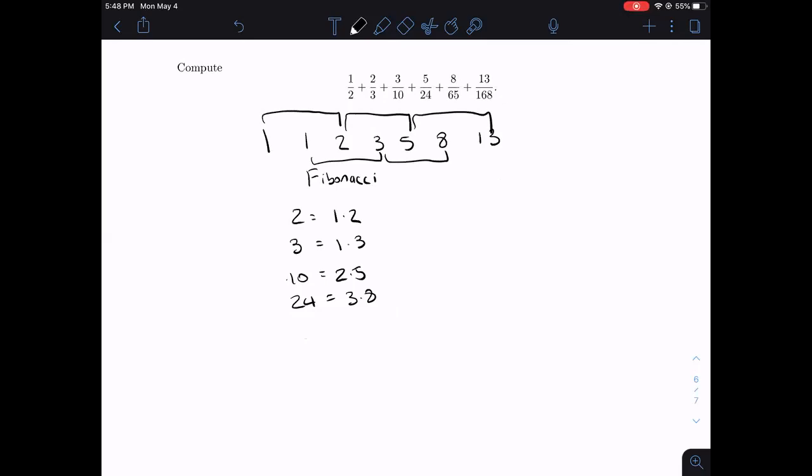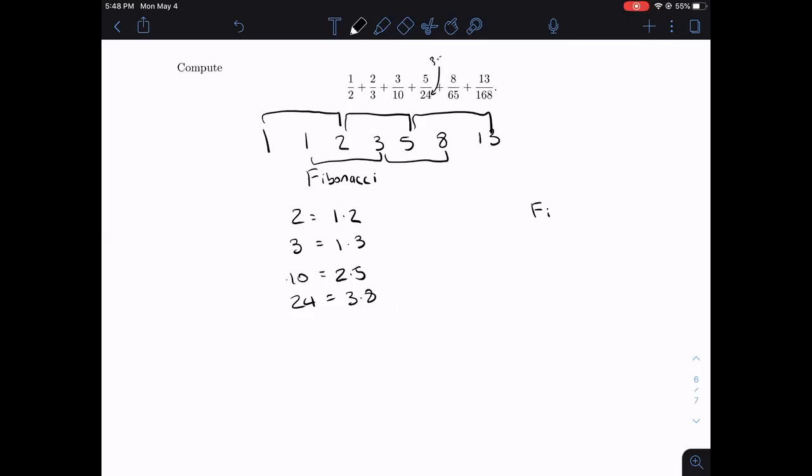All right, so each element in this series, since we don't want to compute this just by hand, we notice that the numerator is, let's say, Fibonacci I. Then let's look at this.